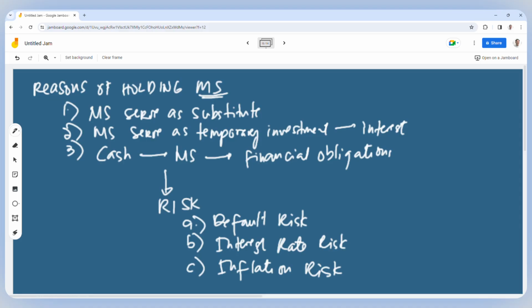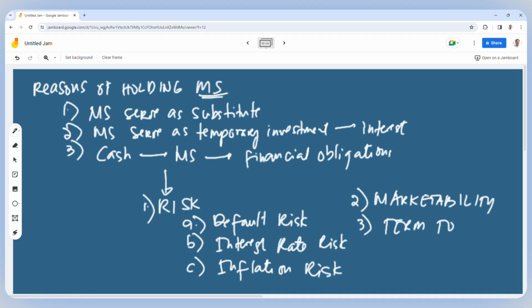Okay? So, ganun lang. Of course, risk muna, yung una, no? To consider. Number two, yung marketability. Okay ba na magkaroon tayo ng investment for marketable security? Baka wala na, no? And number three, yung tinatawag nating term to maturity.